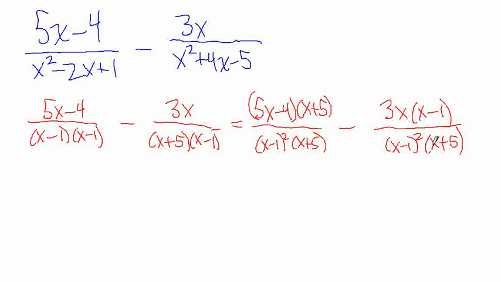Now let's combine this whole mess and see if we can simplify anything. We're going to get a single fraction with a denominator of x minus 1 squared times x plus 5. Let me expand both numerators and do the subtraction. The first product of binomials expands to 5x squared plus 21x minus 20.